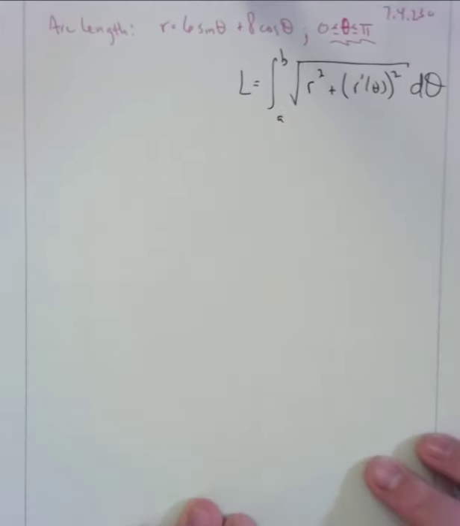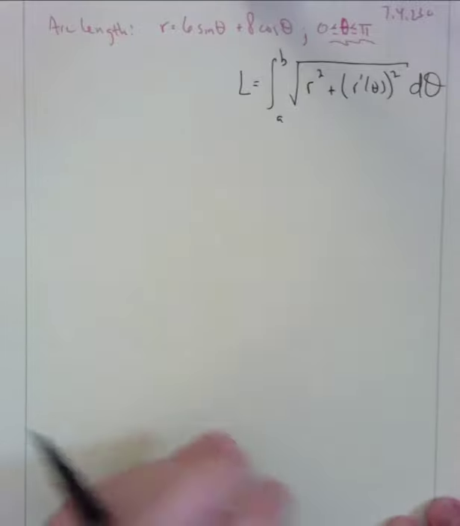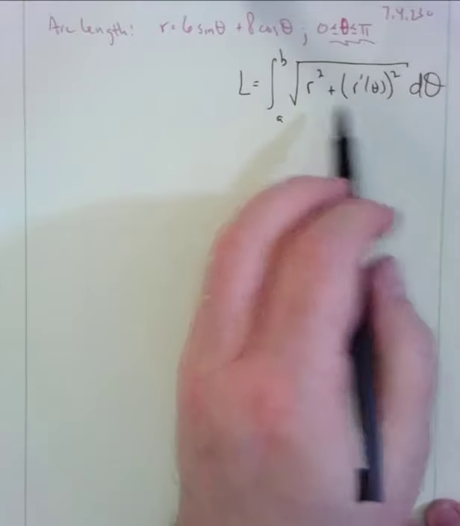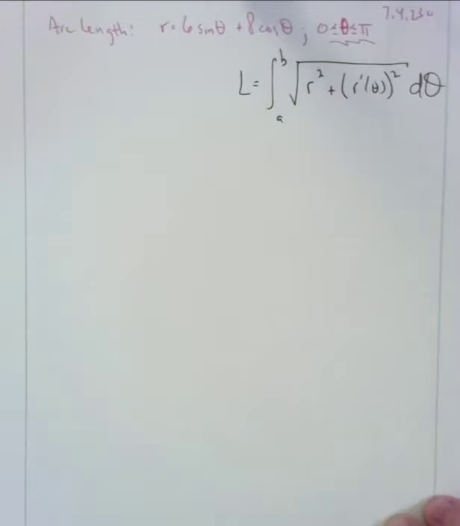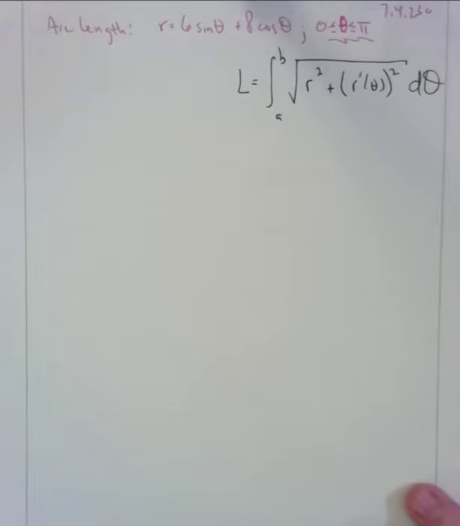It's a big fat square root, and it's the square root of r squared, or your function squared, plus the square of its derivative. So I'm going to build up to this interior. I'm not going to build the integral and shake it out as a whole thing. I'm just going to do the parts and then see what those parts look like and then create the integral.